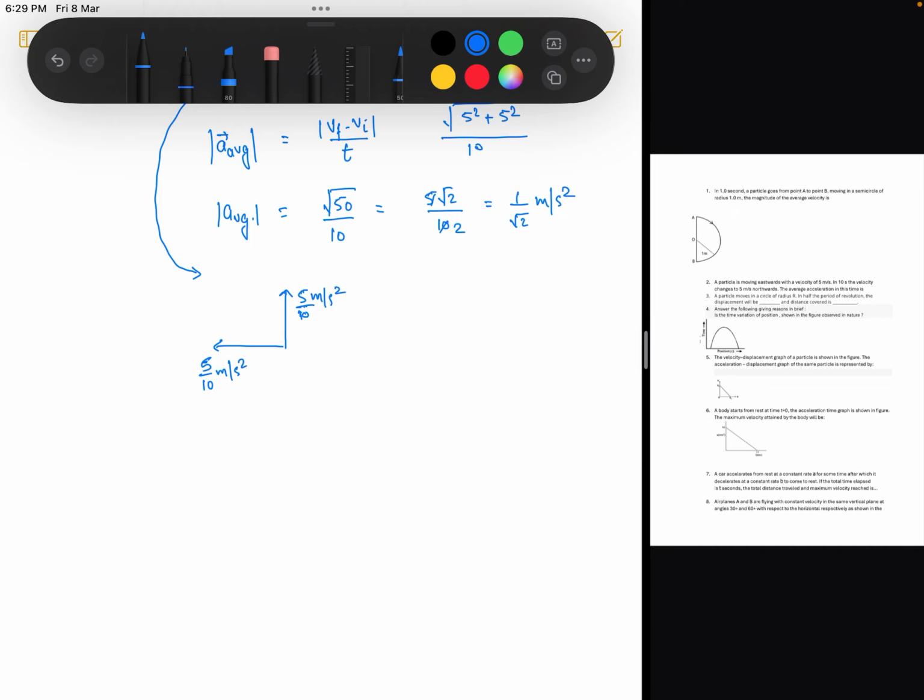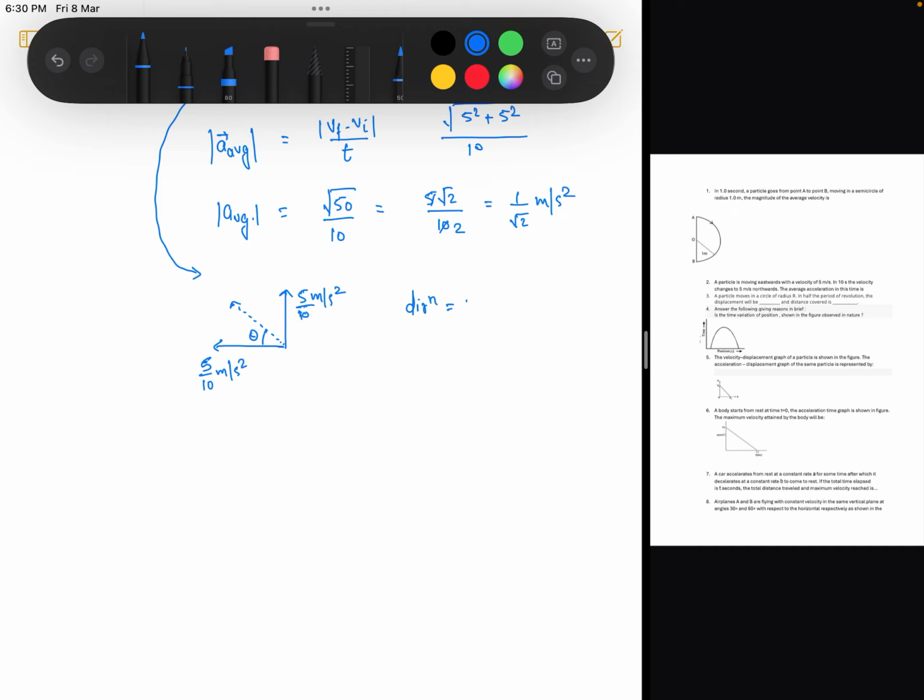And now we know what the direction of this a average will be. We can take a triangle now, like this, this is the resultant vector and it is having some angle theta.